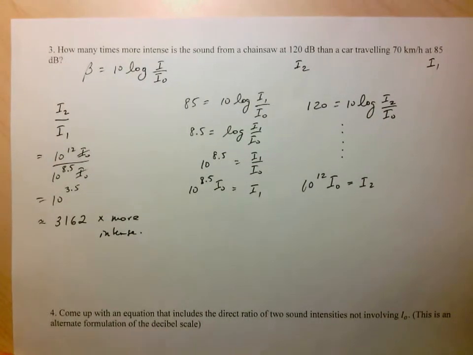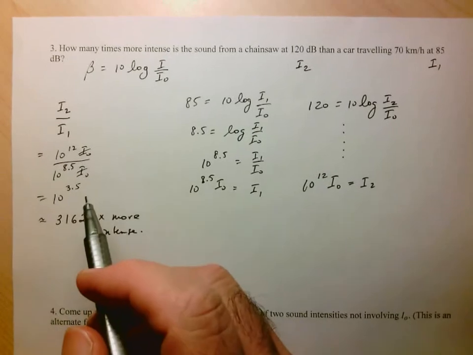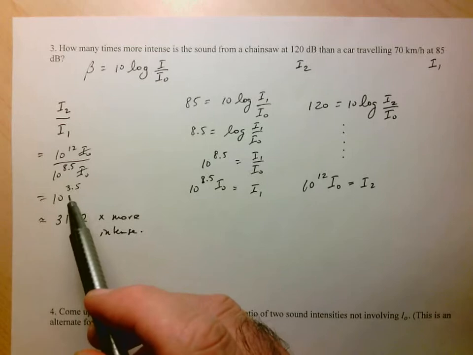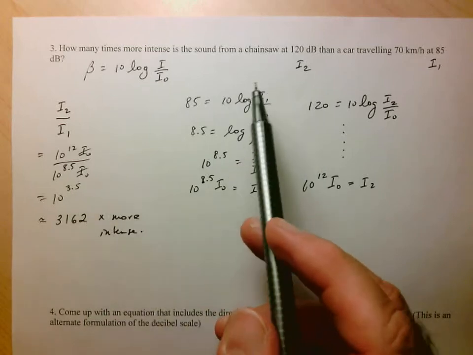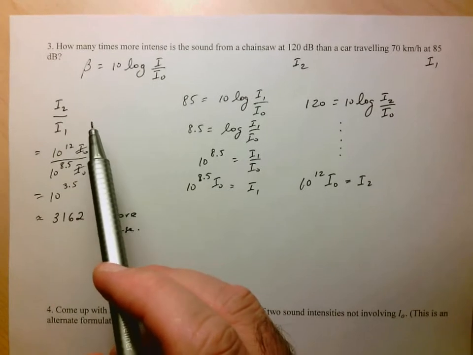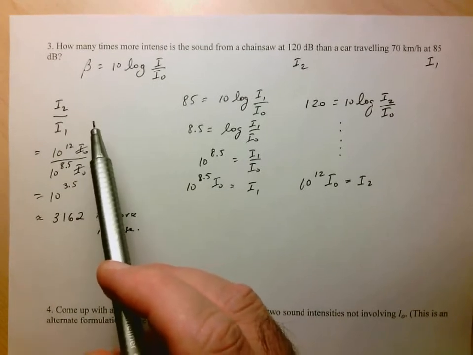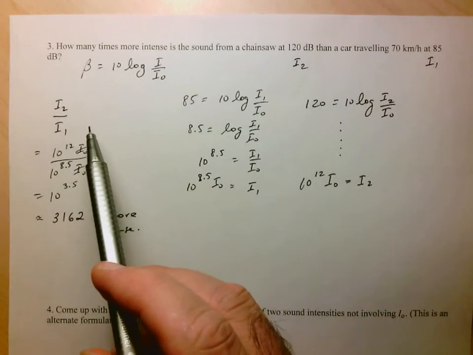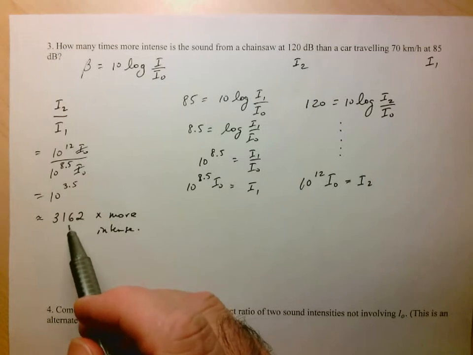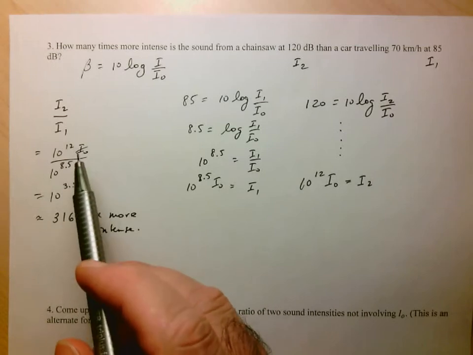All right, now the idea here is that we're starting to see the pattern. It just involves subtracting these decibel levels in the same way that it involved subtracting magnitudes, and then the number of times more intense was 10 to that number.